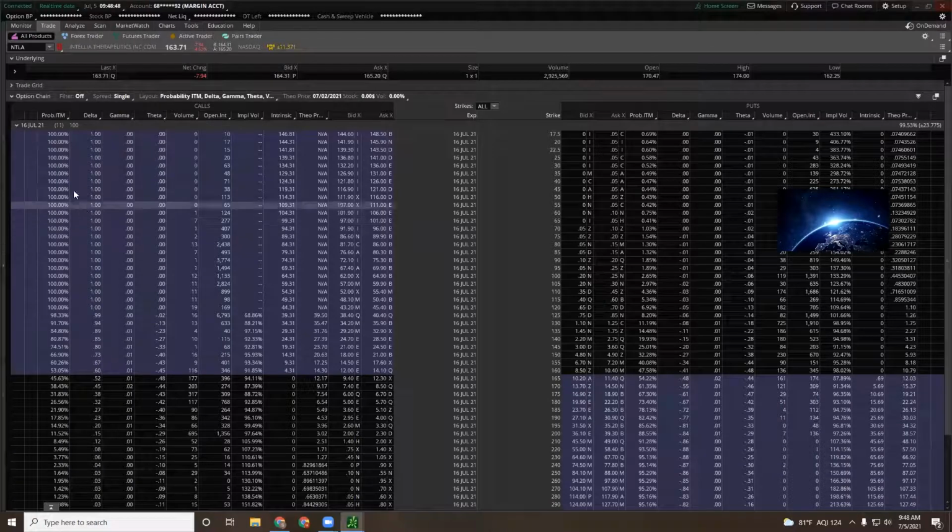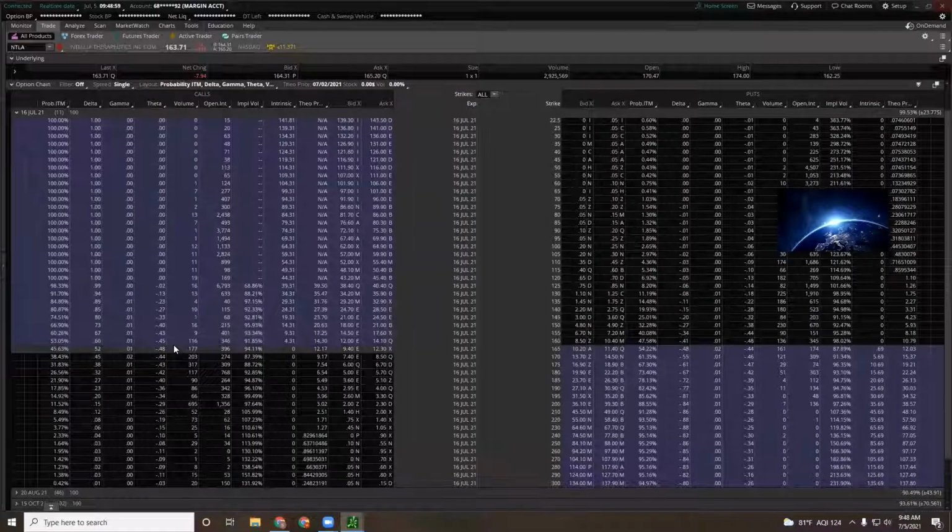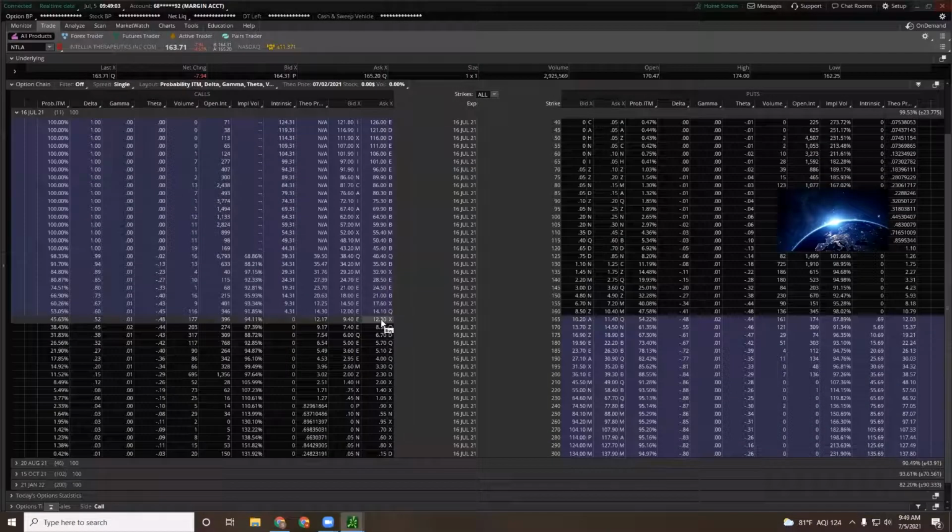If we go to the next option chain for NTLA right now, which is the 16th July 2021, you can see just one contract at the money for NTLA call is $12.30. And one put contract for NTLA at the money is $10.40.